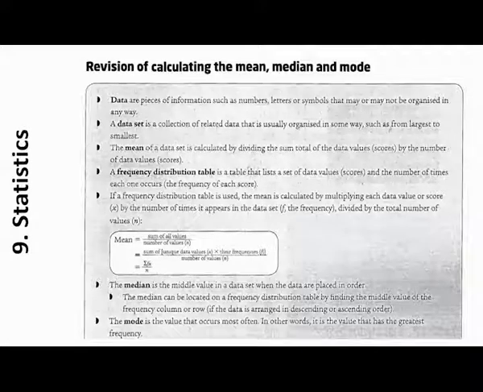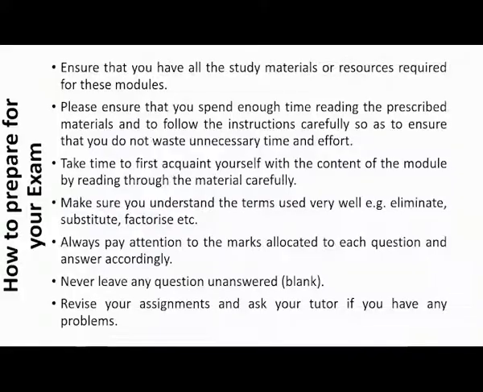The median is the middle value in a data set when the data are placed in order. And at the bottom, the mode is the value that occurs most often. In other words, it is the value that has the greatest frequency. That's always asked in the exams.